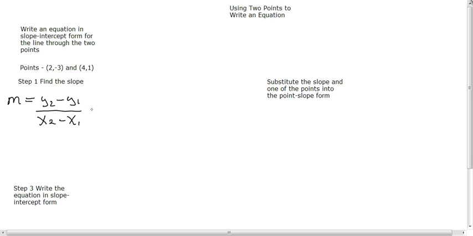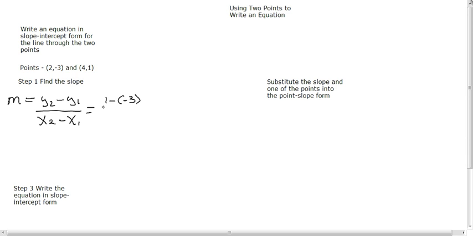Okay, so let's go ahead and fill in our points. So our second y value here is 1. We're going to take the second value here. So that's going to be 1 minus, and that's going to be a -3. So let's put in parentheses -3.